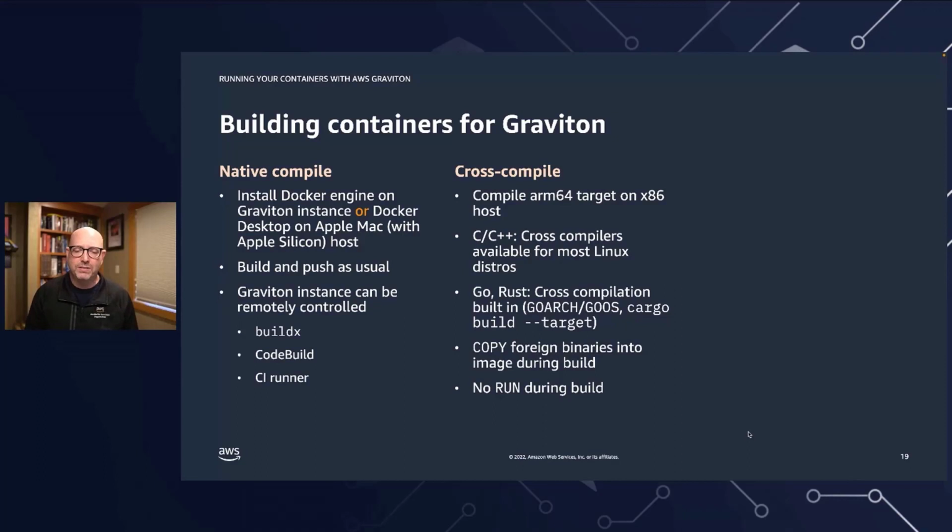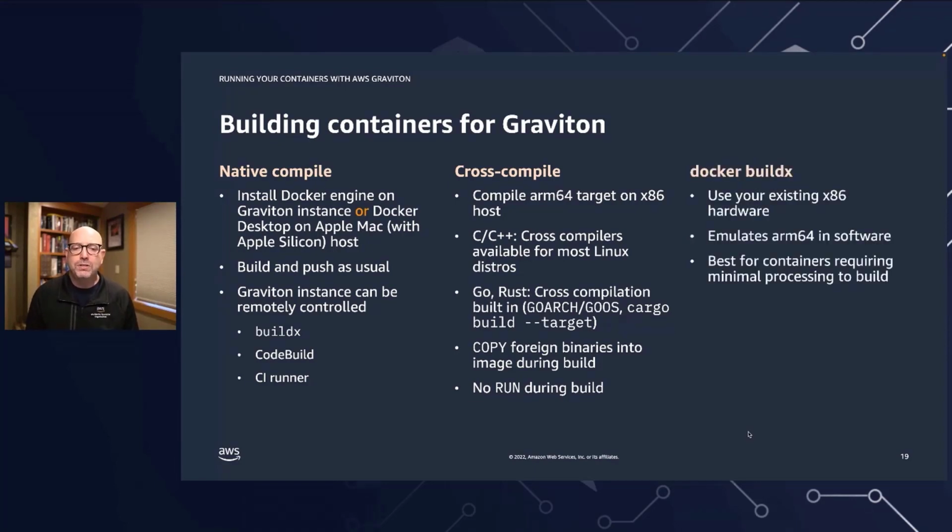Most Docker commands work in the cross-compilation scenario, such as ENV, FROM, USER, ENTRYPOINT, CMD, etc. But what you can't do if you are building a Docker image on a foreign architecture natively is to call the RUN command, because you can't run ARM64 binaries in a container on an x86 instance.